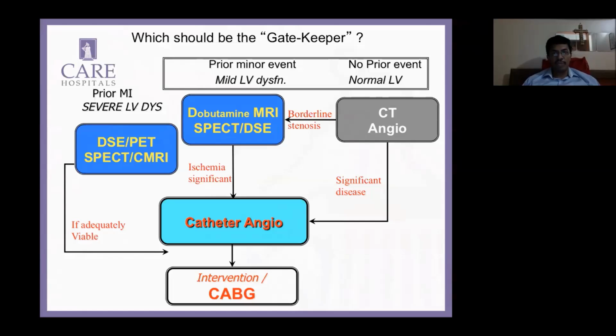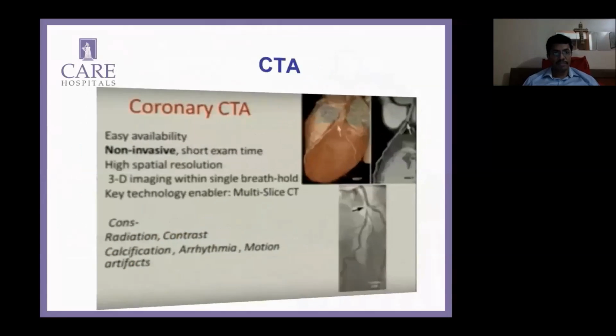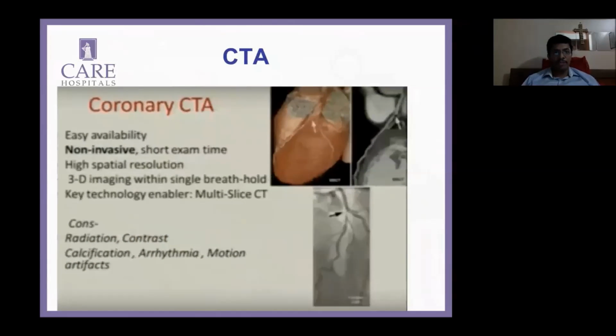And where you have a borderline stenosis, again, you would use any of the techniques that I've already alluded to. And if there is significant disease, then the patient would straight away go to the cath lab, get an angio, and then PCI or bypass.